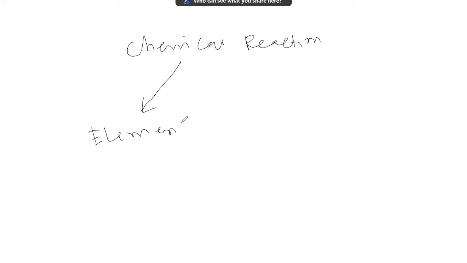Let us explain that. First of all, chemical reactions are of two kinds. One of them is called an elementary reaction. The other is the case of a complex reaction.